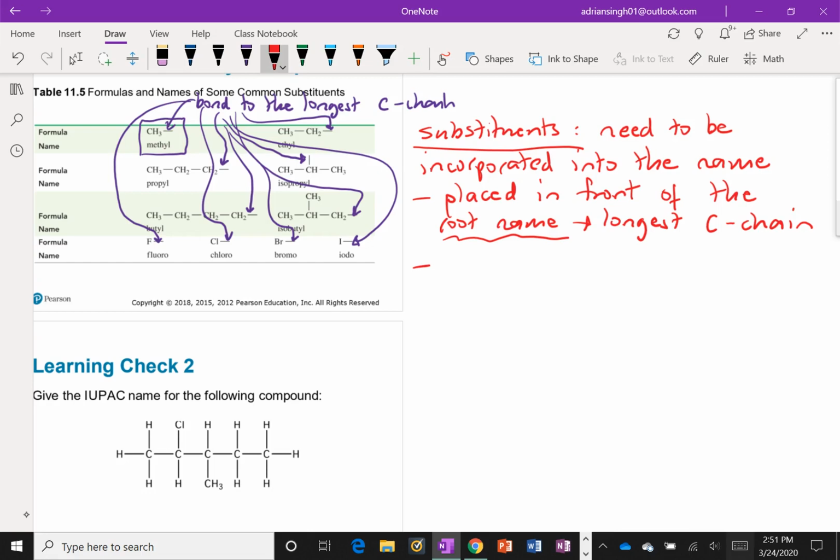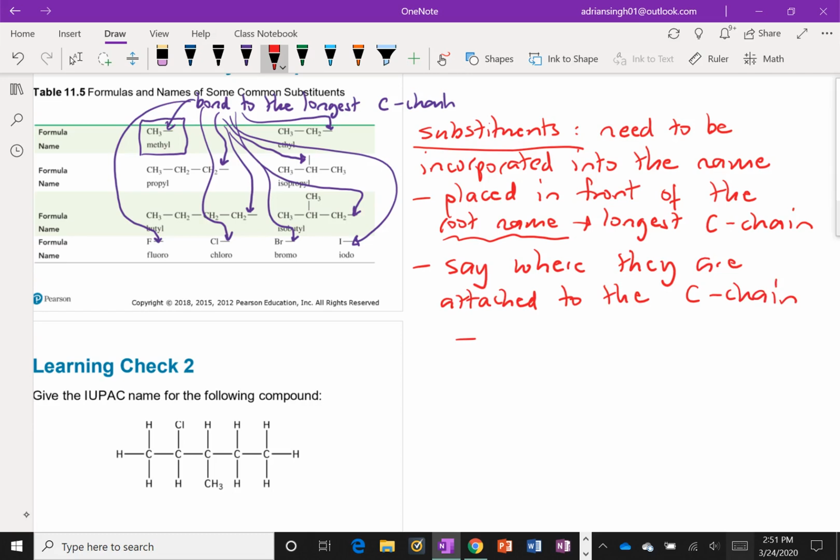So how are we going to incorporate those substituents into the name? We have to say where they are attached to the carbon chain.